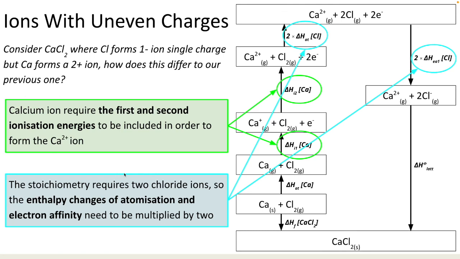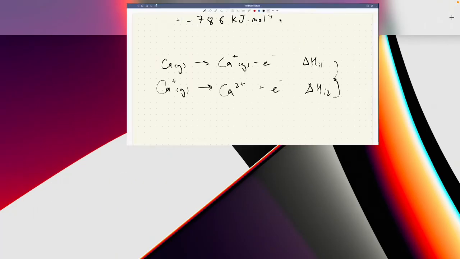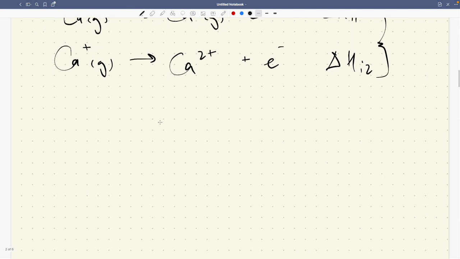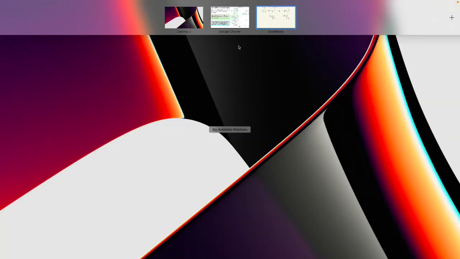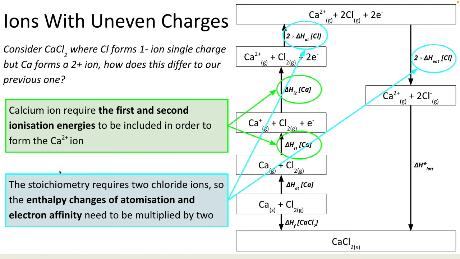And then as a result of this, because our stoichiometry of CaCl2 requires 2 chlorines, whereas our NaCl only required 1 chlorine, we've got to make sure that's accounted for as well. So the stoichiometry requires 2 chloride ions, so the enthalpy changes of atomization and electron affinity need to be multiplied by 2, because you have to do that twice.